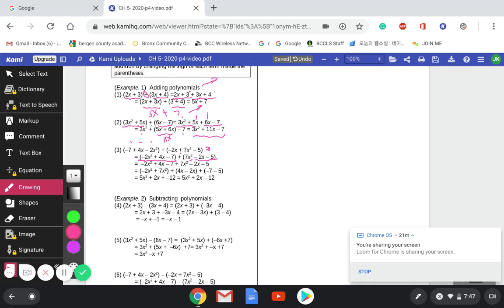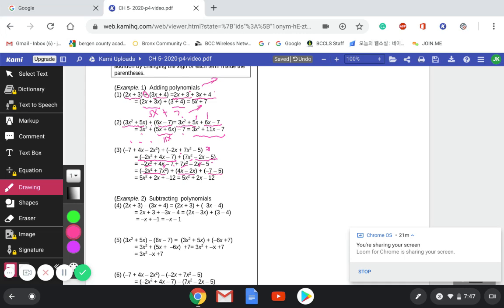Because this is addition again, you just remove the parentheses, and then you combine the like terms: negative 2x squared with 7x squared, next 4x with negative 2x, and last negative 7 with negative 5. The reason you put them together is that if they are like terms, you have to group them and simplify them.